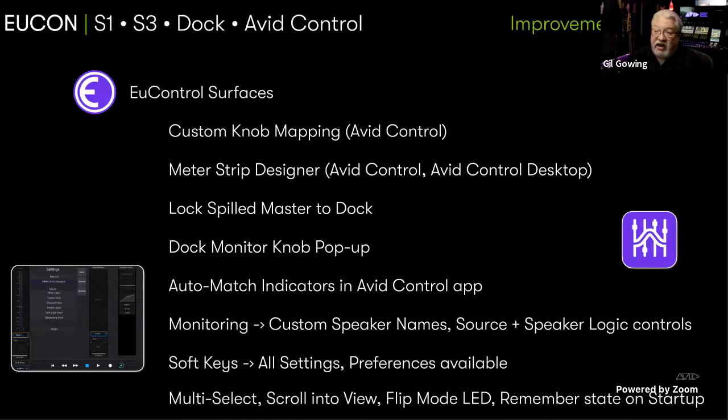Auto match indicators on the Avid Control app are a nice little addition, so you know which direction to go when you're writing automation to match back out. You can also do custom speaker names and sources and speaker logic control, all from the actual Avid Control app.